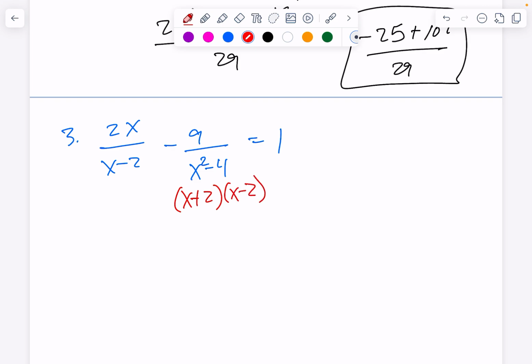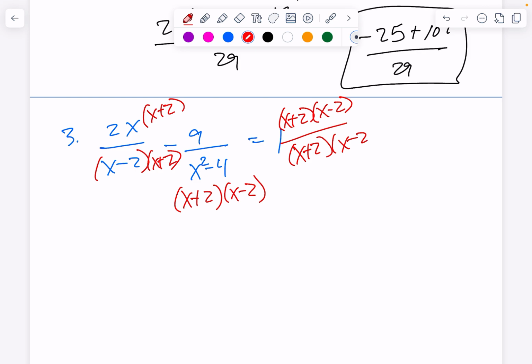Then I'm going to do common denominators. This one needs x plus 2. And this one needs (x plus 2)(x minus 2). And I'm kind of being lazy. Maybe I'll do it all. (x plus 2) and (x plus 2)(x minus 2).